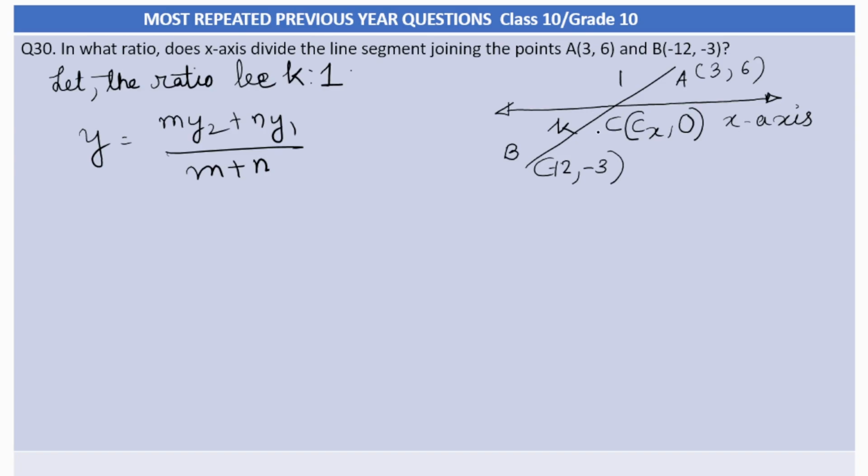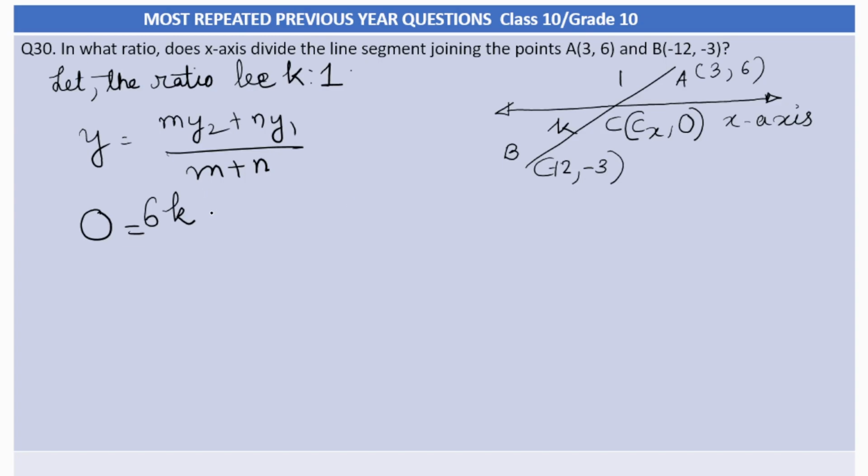This point C lies between A and B, so this will be 0 here. And what will be m? Let's take m to be k, then n will be 1. So k will get multiplied with the y coordinate 6 of A, so it becomes 6k, and n is 1, which gets multiplied with y1, which is minus 3.